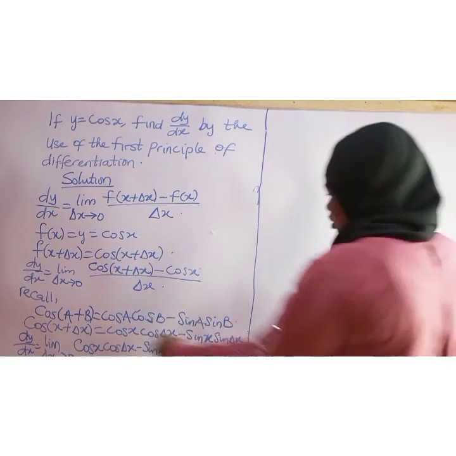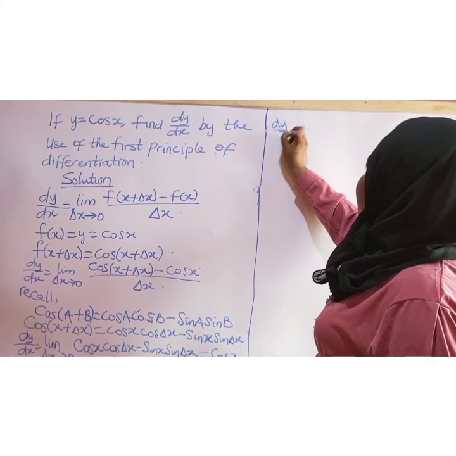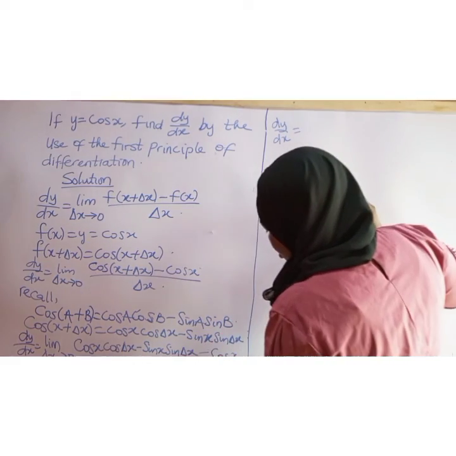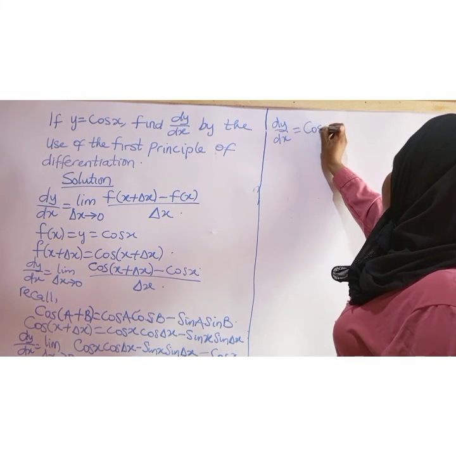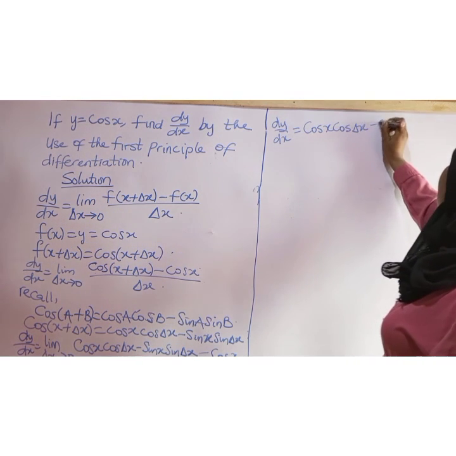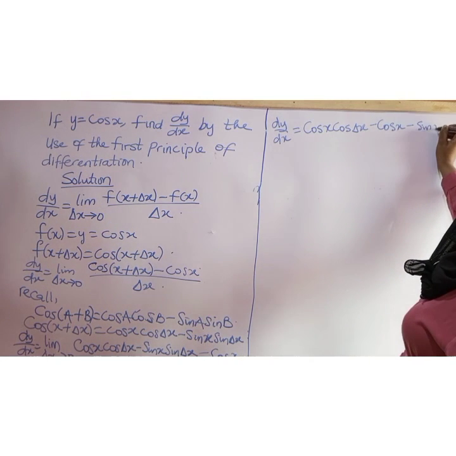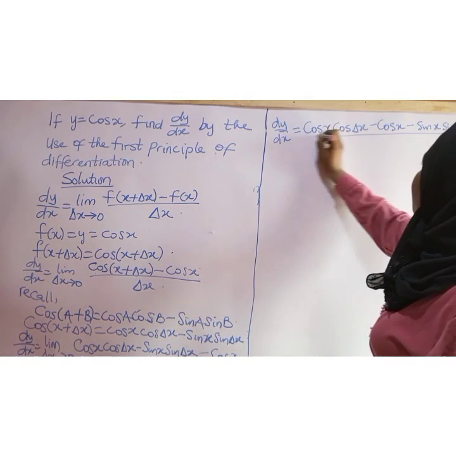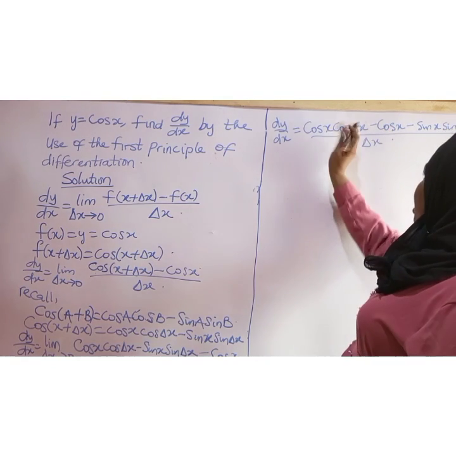So from here, let's collect like terms. We can match cos x here with cos x there. So cos x cos change in x minus cos x, then minus sine x sine change in x, everything over change in x. So let's factorize cos x out.